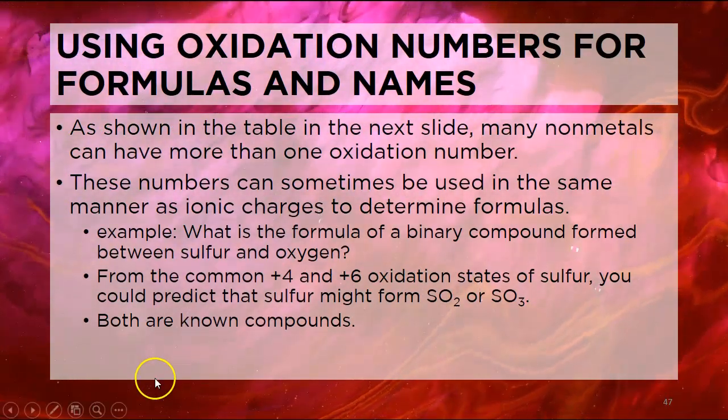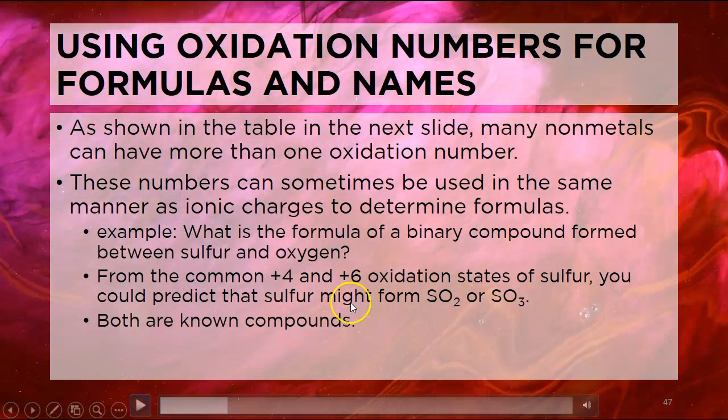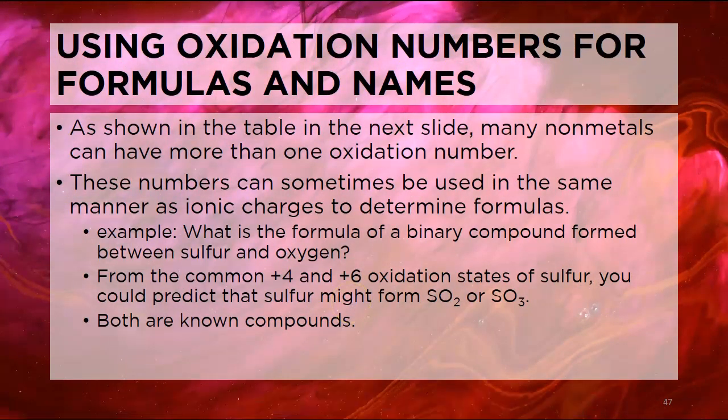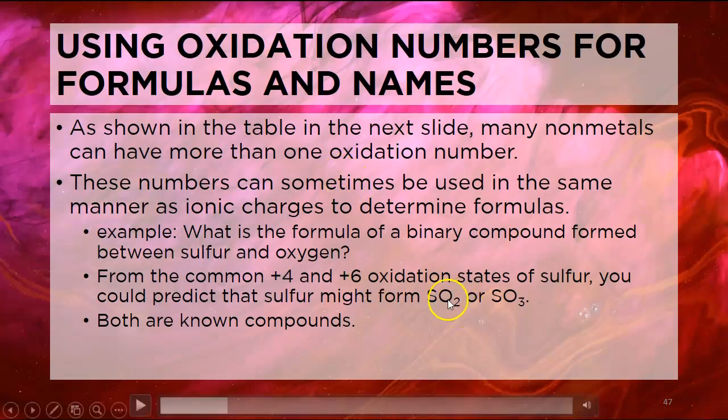But we can use that information to see if a compound will even form. With sulfur, we might wonder if SO2 or SO3 would form. Well, if we look at it, O2 is going to be an oxidation state of -2 times 2, which is -4.